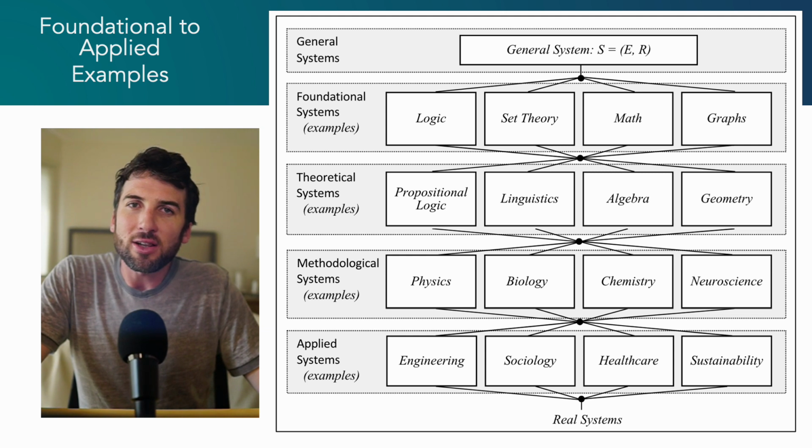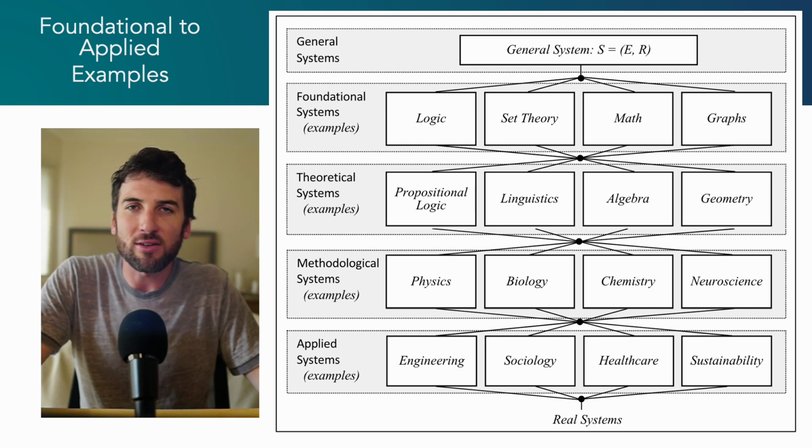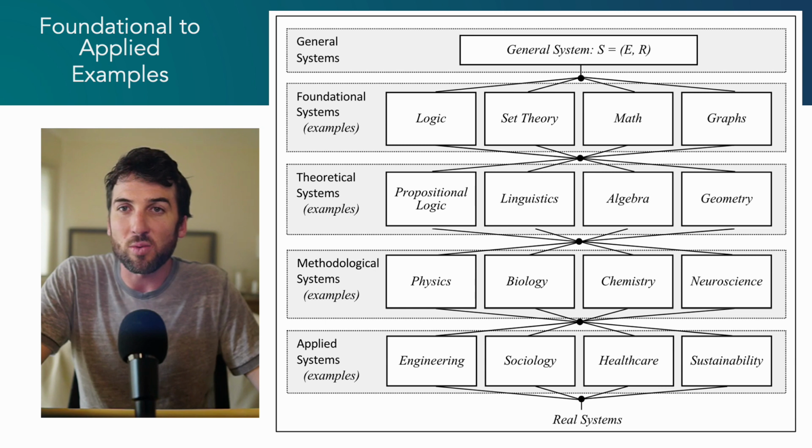Now, different methodological systems of science like physics and biology really reference what models we think apply to nature. So it's using tests to say, what is the best explanation of how nature works? And finally, more applied systems like engineering, sociology, healthcare, sustainability are really about the full integration of using these models in a human-centric way, of our real interface with concrete systems in nature.